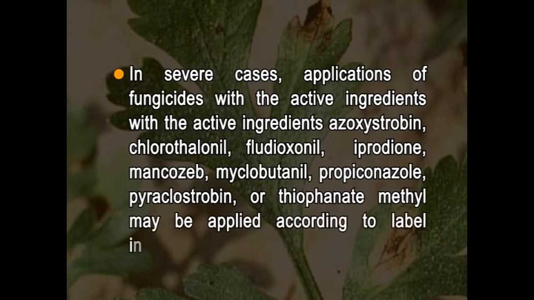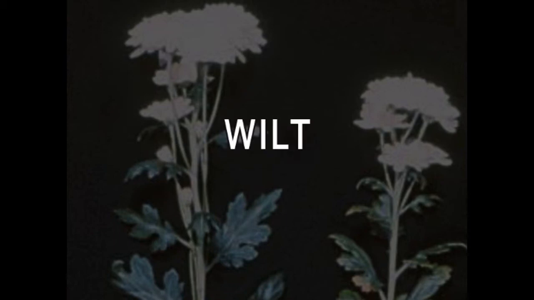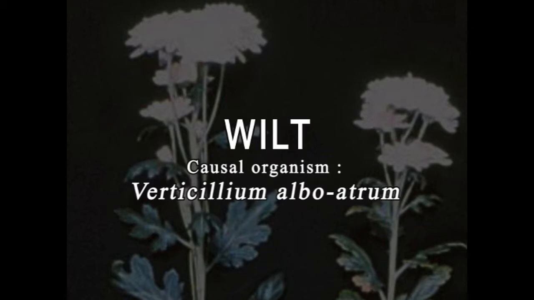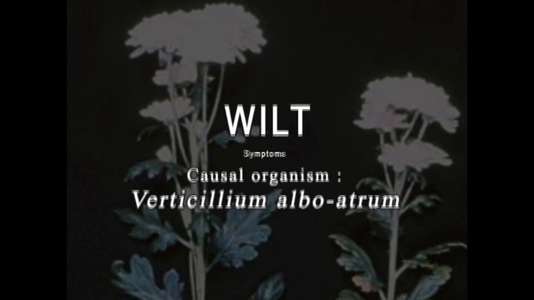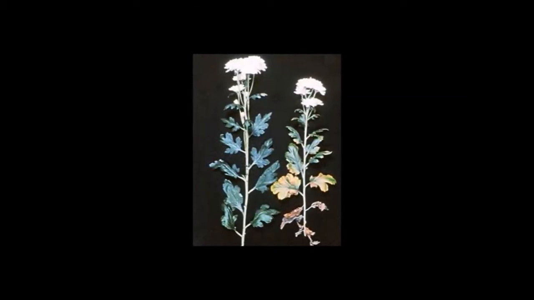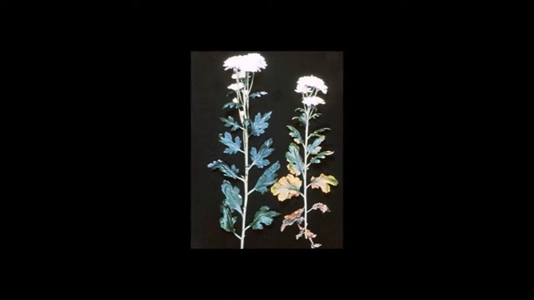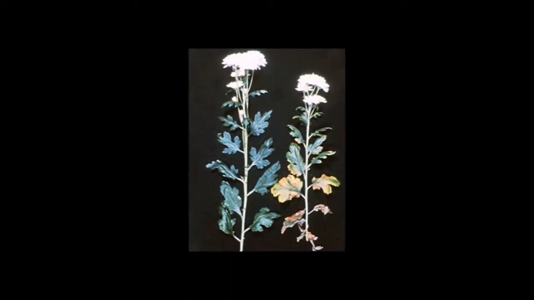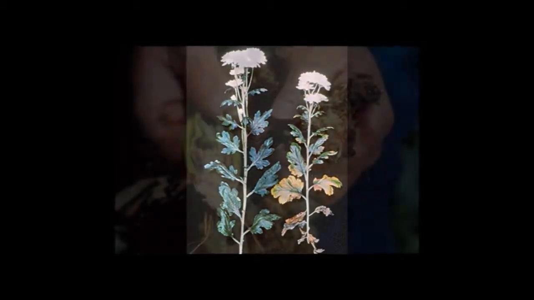according to label instructions. Now let's see the next disease of chrysanthemum, that is wilt. Causal organism is Verticillium albo-atrum. Symptoms of the disease: wilt is the most serious disease of chrysanthemum. The symptoms often appear only after blossom buds have formed.